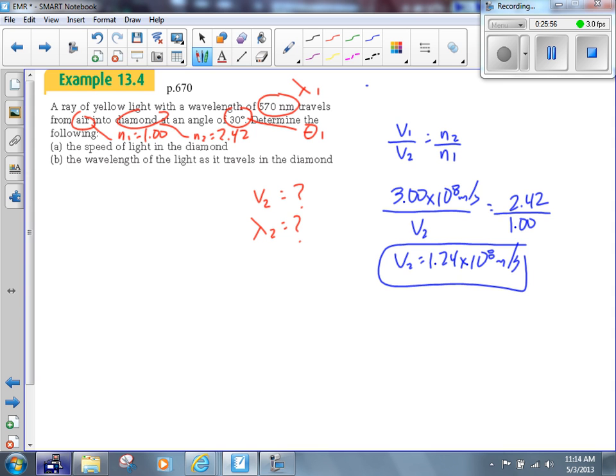Now let's find lambda 2. We're going to do this in a pretty similar way. Lambda 1 over lambda 2 equals n2 over n1. Lambda 1 is 570 nanometers. Do we have to convert that to meters here? It's never a bad idea, 570 times 10 to the minus 9.